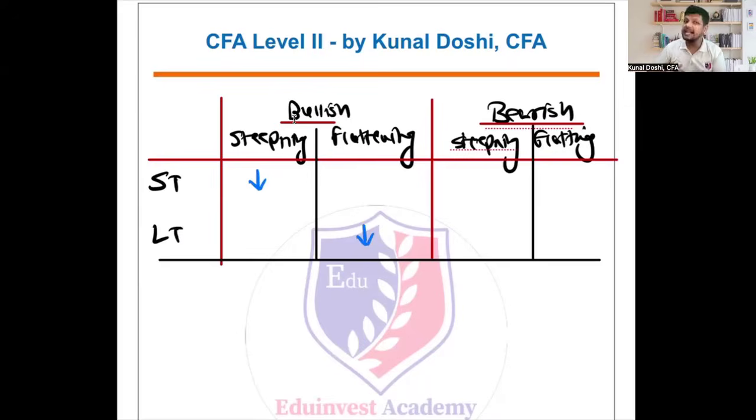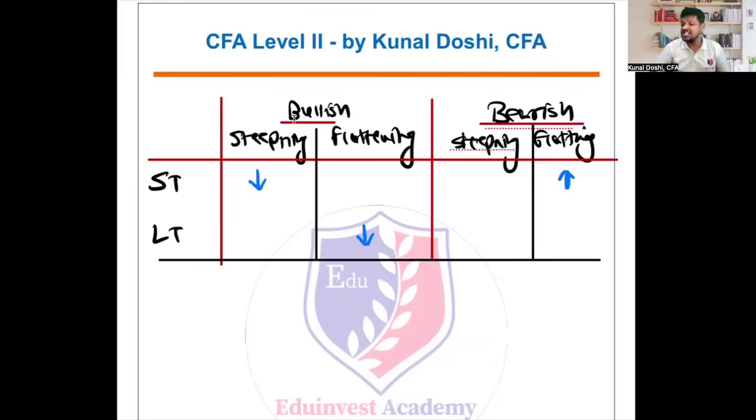Bearish flattening means rates are going up. Now see, bearish flattening, it's a negative sign. So bearish means a negative sign. Bearish flattening means normally the yield curve is like this, and the short-term rates are increasing.